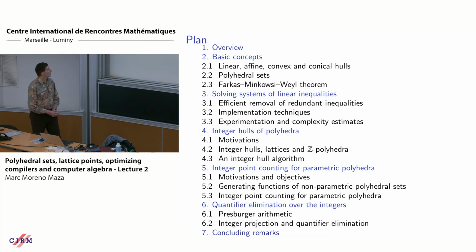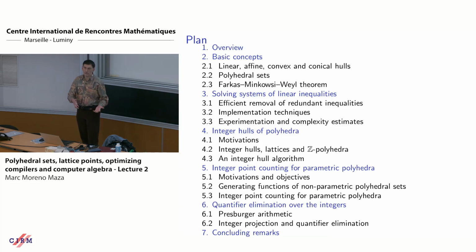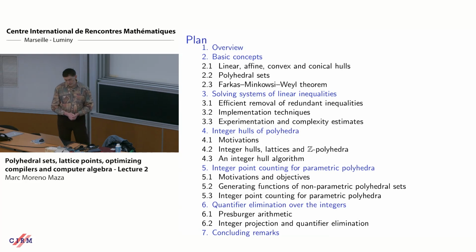Then I will move to the problem of counting integer points without computing them, because there are many applications where this is sufficient. And after that, we'll move to quantifier elimination over the integers, that is Presburger arithmetic. And as I'm doing that, I will in fact describe another way of describing the integer points of polyhedral sets.